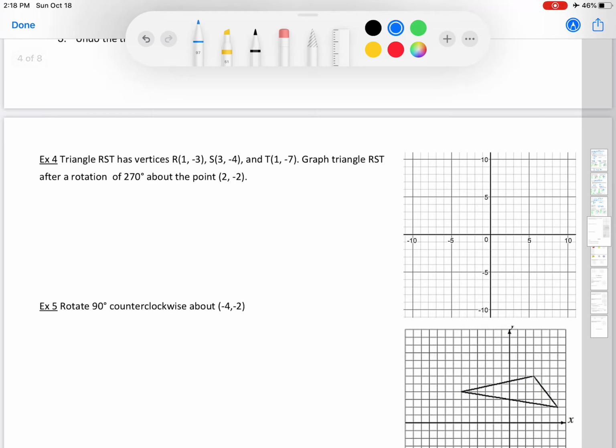So on example 4, we're going to start by graphing our pre-image. So I know that R is at 1, -3. S is at 3, -4. And T is at 1, -7.